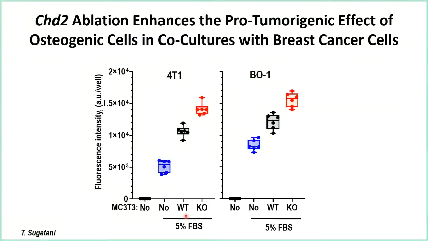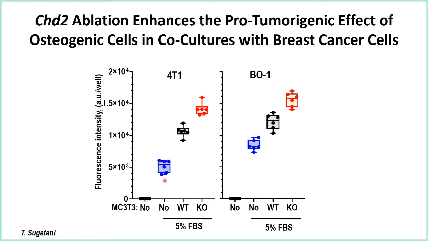To quantify this, I'm showing you here the fluorescent intensity as a parameter of breast cancer cell growth. These cells grow very well, even in a small concentration of serum on their own. But if co-cultured along with wild-type osteoblasts, the growth is more than twofold higher, and in the presence of osteogenic cells lacking N-cadherin, the growth is even higher.